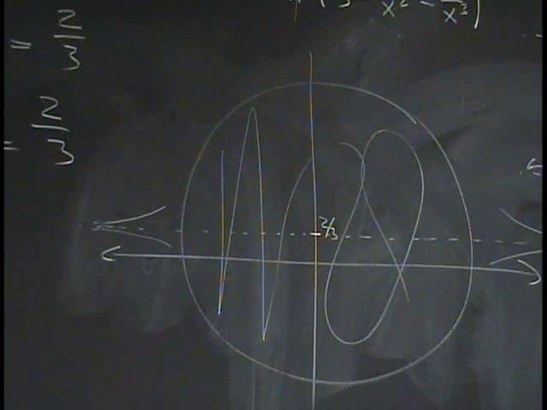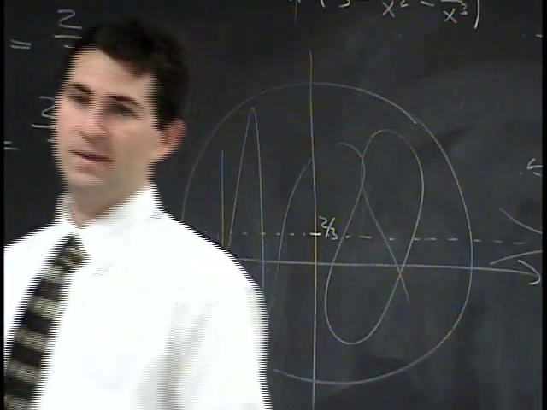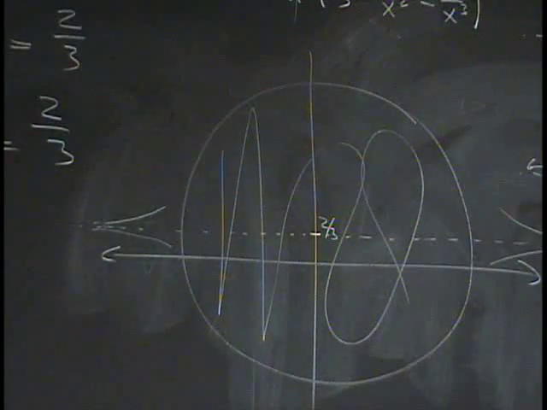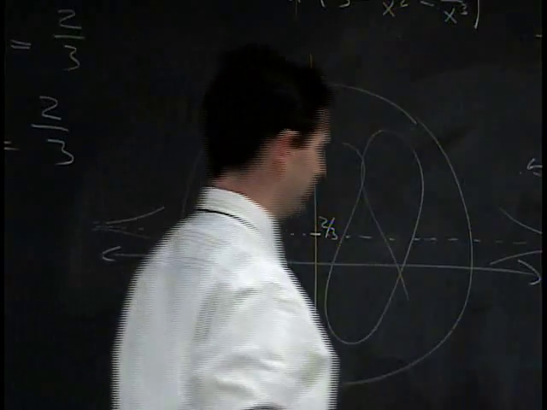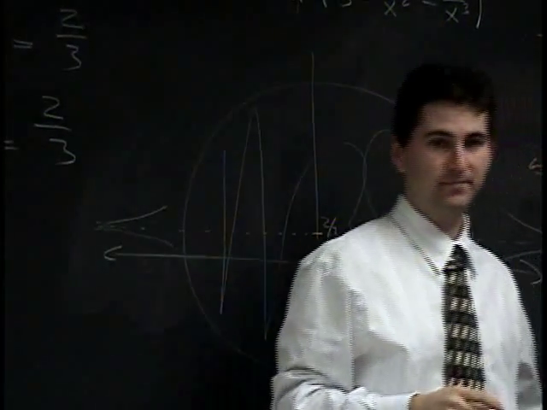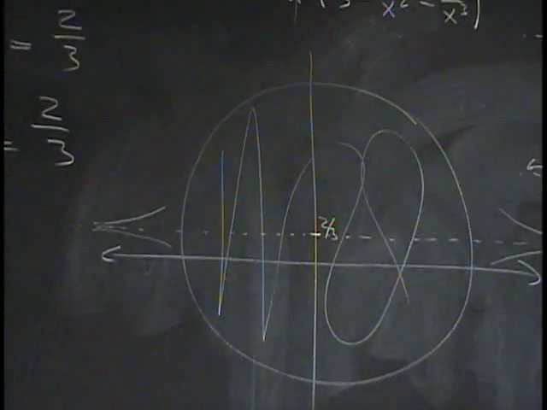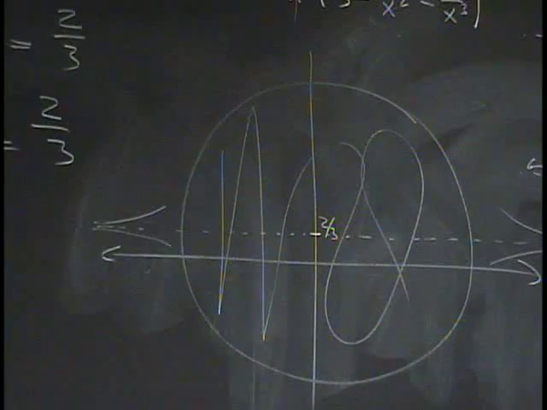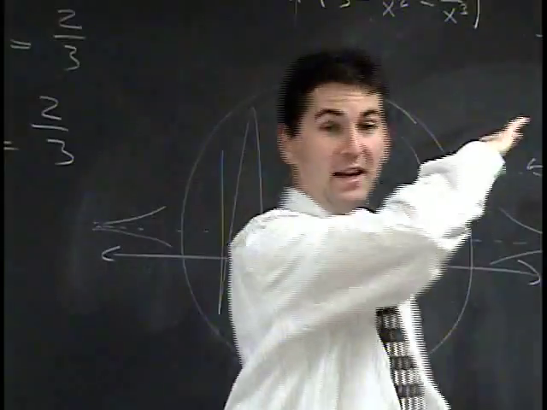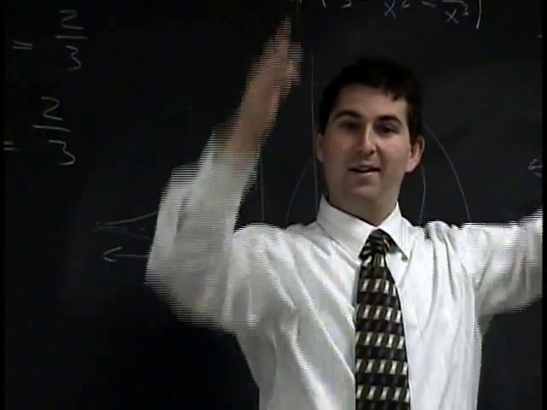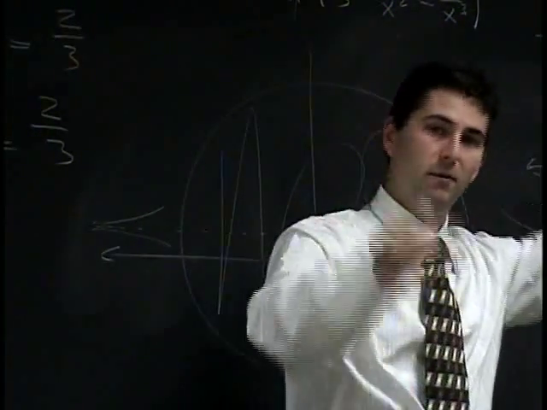No. Is it cube root? Could be. You have to think about it. Also might be a trig function that does that. Remember how tangent does this, going up and down, so this could be somehow related, possibly.